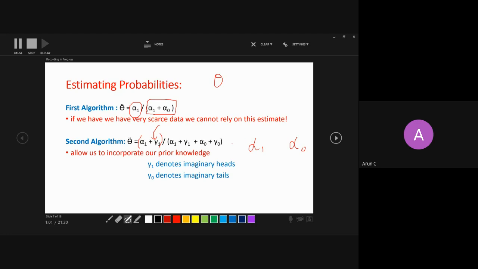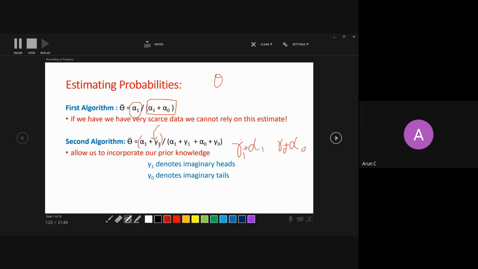So you add some imaginary heads, gamma 1, to the real heads you got now, and you add some imaginary tails, gamma 0, to the tails you got as the outcome of the tosses. So these two numbers, gamma 1 and gamma 0, are imaginary numbers.